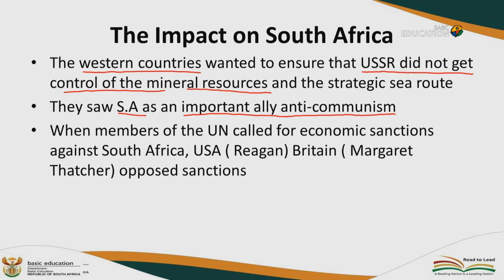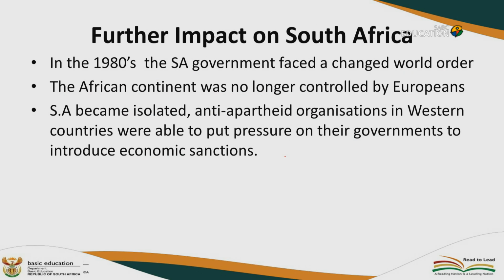When members of the UN, the United Nations, called for economic sanctions against South Africa, the USA, under the leadership of President Reagan, and Britain, under the leadership of Margaret Thatcher, opposed the sanctions. But it is very important that Congress forced Reagan to introduce sanctions, the same with Margaret Thatcher also.